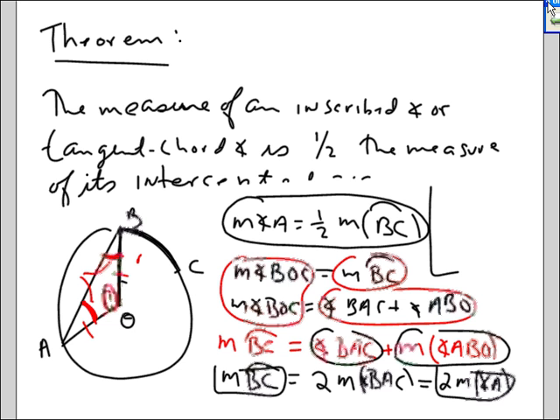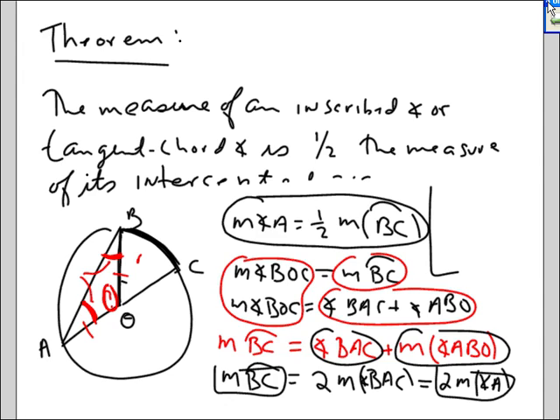The measure of the inscribed angle is 1/2 the measure of its intercepted arc. This arc right here. It really was true. Okay. So now that we have that ammunition, now we can do the other proof.